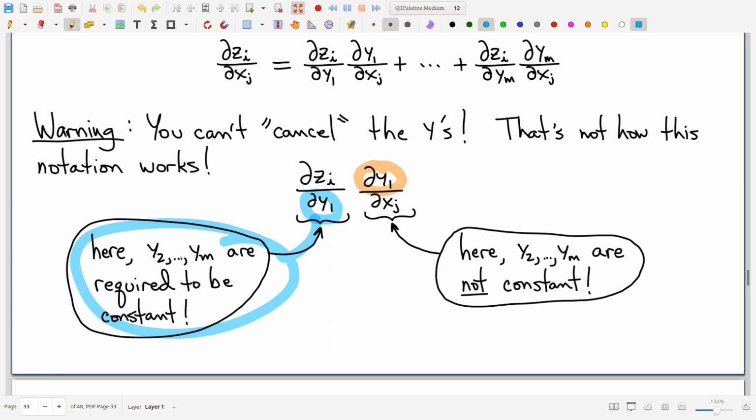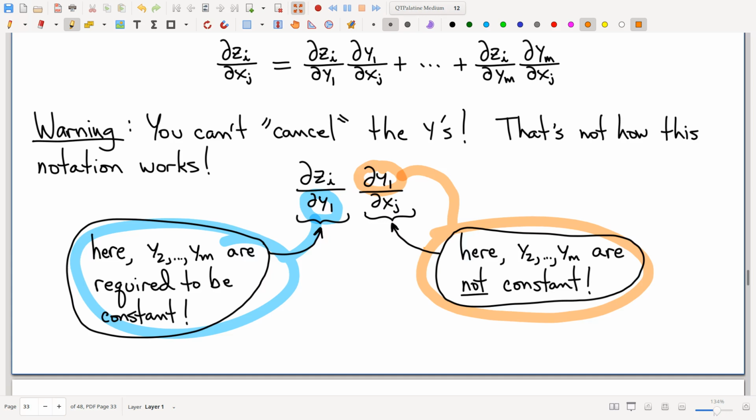Now let's think about what this partial y1 represents. This is part of what I claim is a completely different and inconsistent scenario. If you think about it, this is a partial with respect to xj. That means that I'm holding all of the other x variables constant, but I am, as I do this, changing xj.